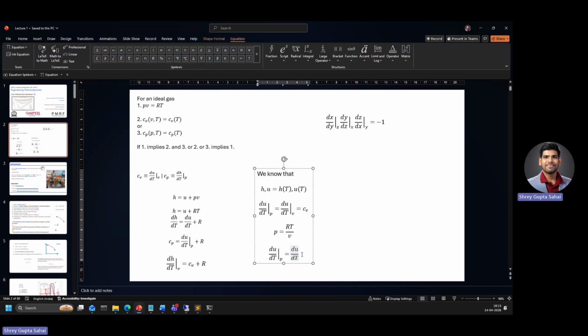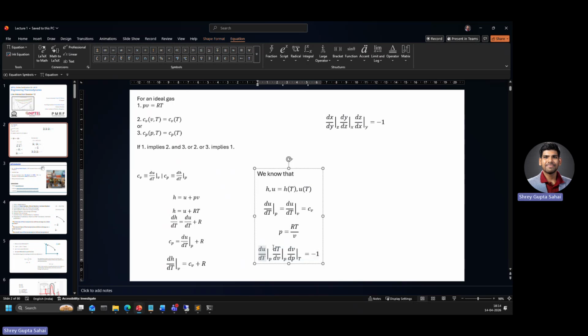So let's first write this identity in this term: dt by dp at a constant u, and then du by dt at a constant p is known to us to be -1. Now you see, no, something is wrong.